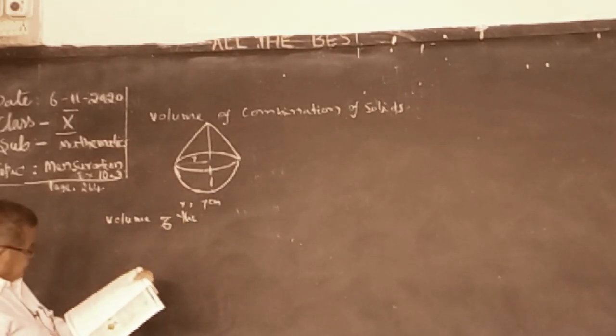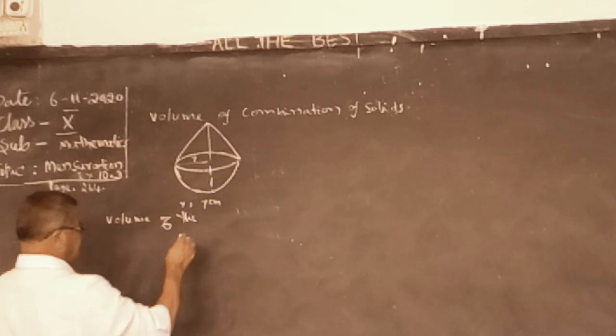The radius of the base of the cone and its volume is 3/2 times the volume of the hemisphere.